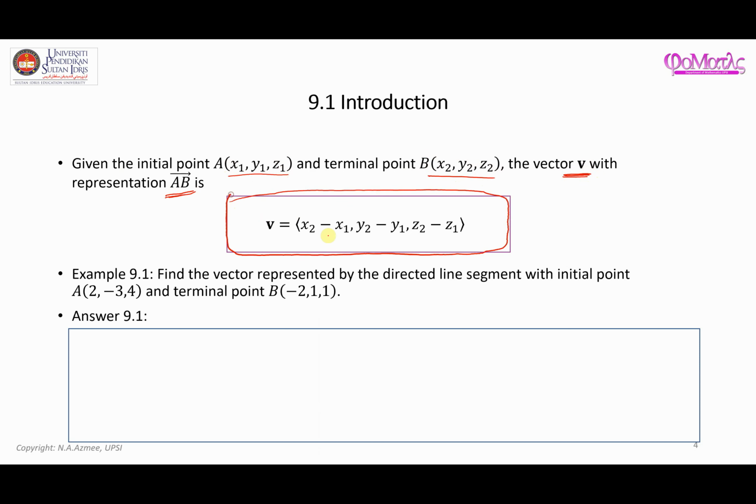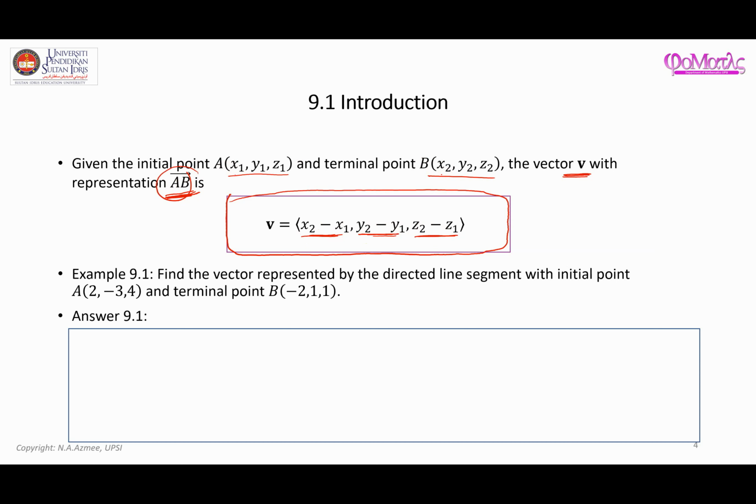So based on this, you just subtract the terminal point from the initial point: x2 minus x1, y2 minus y1, and z2 minus z1. So by doing that, you will get the representation of vector AB.